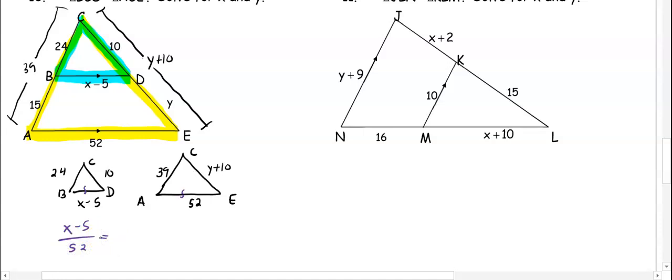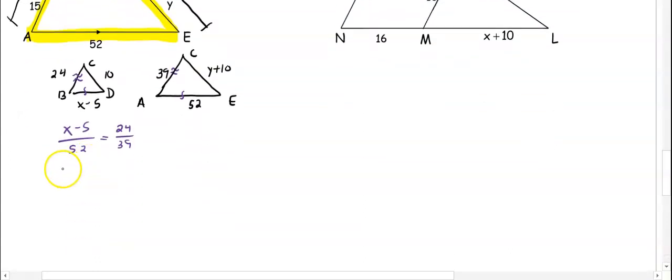And then I'm going to pick the sides that have the two numbers. So we have 24 over 39. We can't do 24 over 15 because 15 doesn't represent a whole side of a triangle. So make sure you're very careful there. When we cross multiply, we have 39 times (x minus 5) is equal to 1,248.